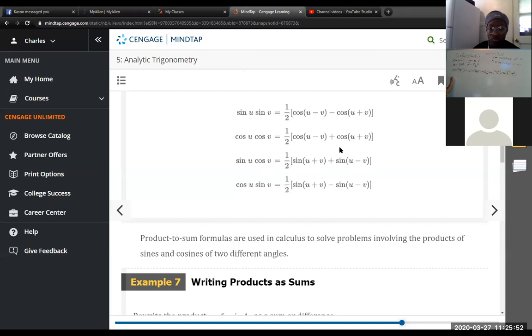We're kind of working it almost backwards. We said that u plus v was x, and u minus v was y. So we just took this one basic relationship, and if we want to do the subtraction one, we get this. Sine of u plus v minus sine of u minus v ends up being cosine of u sine of v.